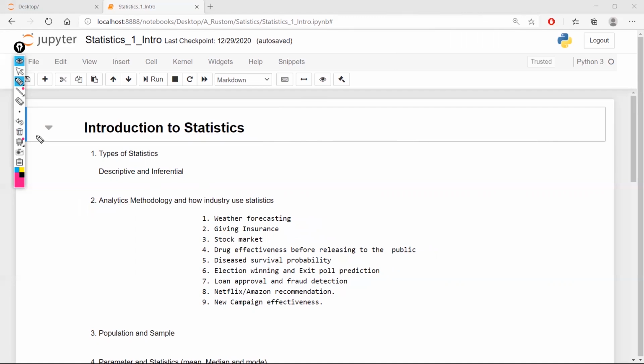Let's move on and understand some more methods here. Statistics is all about understanding the concept. The programmatic or equation-related things will be handled in machine learning. So in the statistics class, it is basically understanding how things work, what the concept is behind each term.